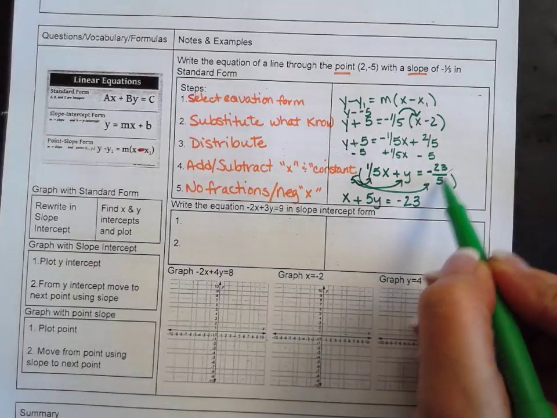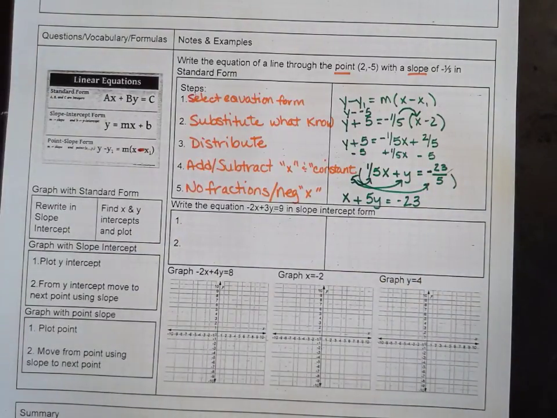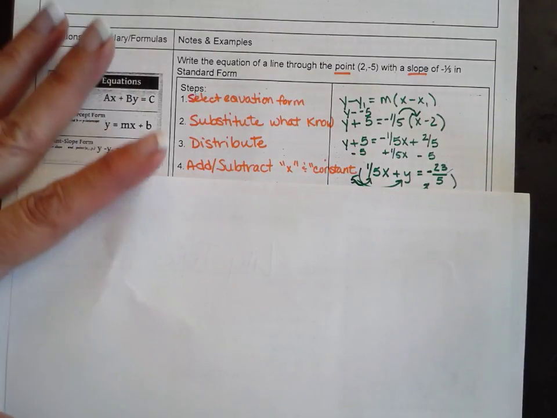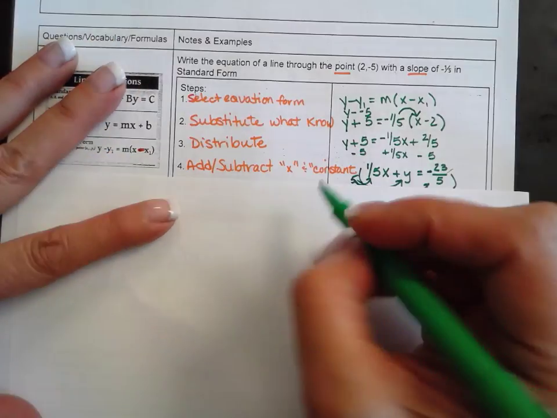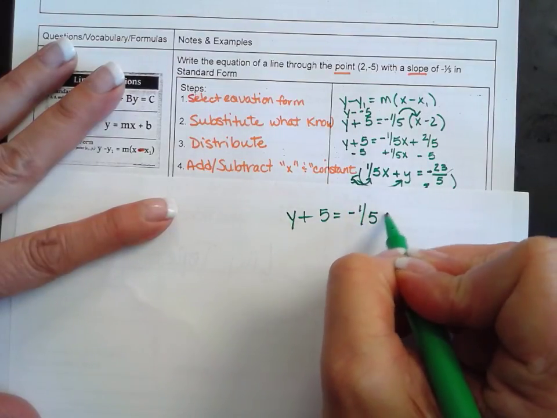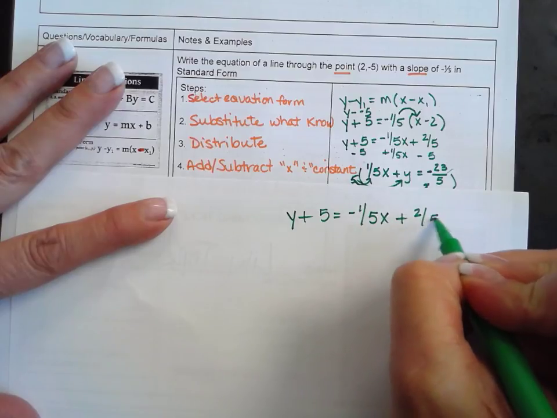Because the 5's cancel. I'm confused. Instead of I'm confused, reword that to a question. Well, you go back to step 4. I had y plus 5 equals -1/5 x plus 2/5, right?